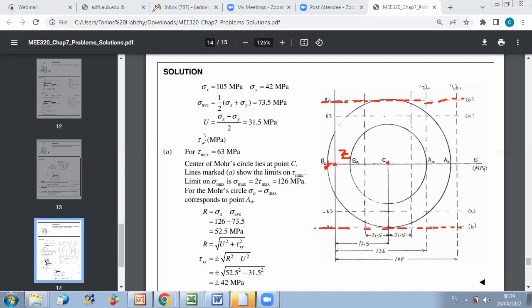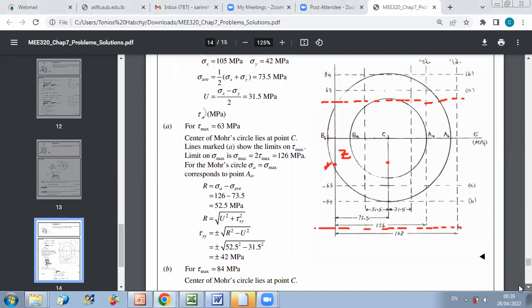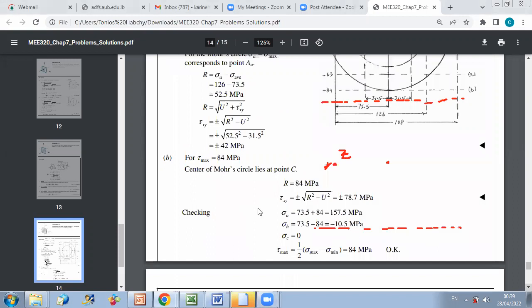Therefore, all I have to do to calculate this maximum shear stress is to find the radius of circle AB. To do this, I say that if tau max is equal to 84 megapascal, then the center of Mohr's circle will lie at point C, and the radius will be equal to 84 megapascal.